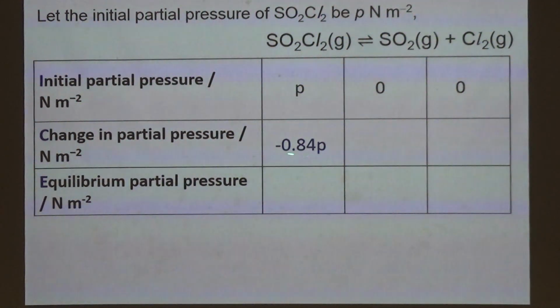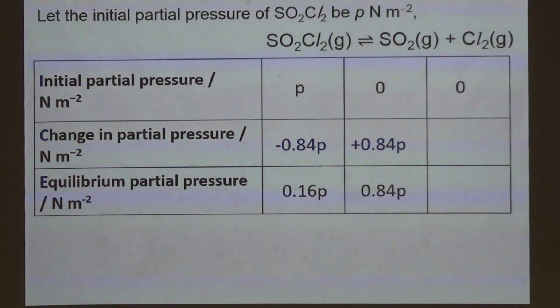That means the change here must have been minus 0.84 P, which means that at equilibrium, the partial pressure of SO2Cl2 will be 0.16 P. Because at equilibrium, 84% of P would have reacted, and 84% of P is 0.84 P. So with that, you can fill in the rest of the change. This must be plus 0.84 P, so the equilibrium partial pressure of SO2 is 0.84 P.